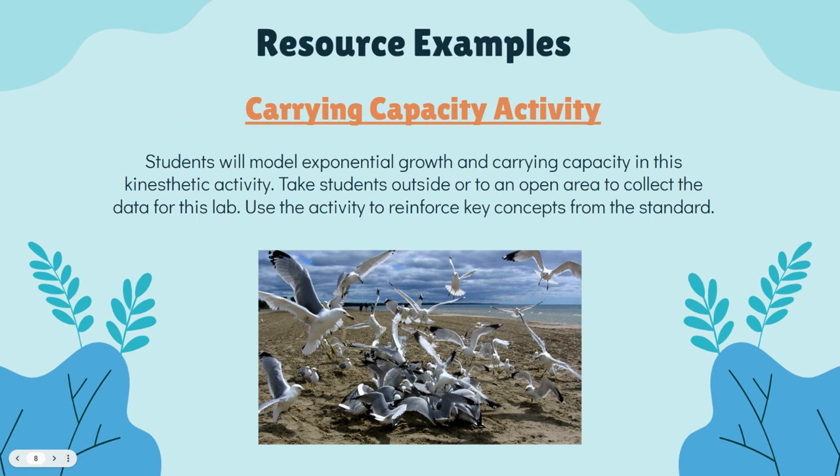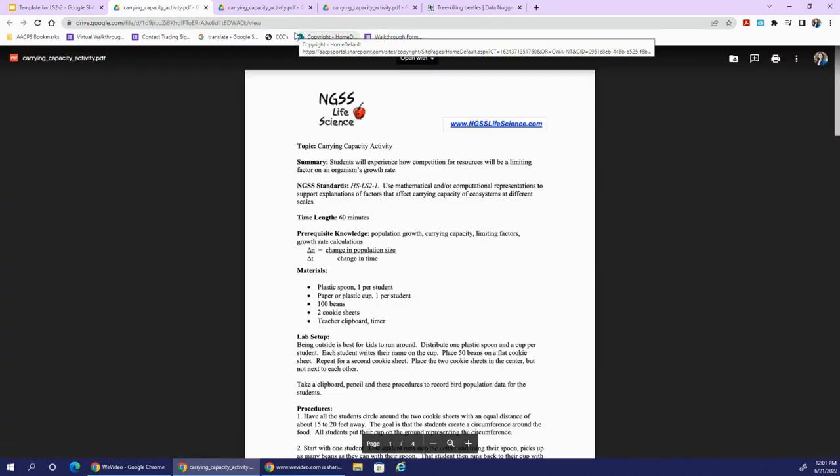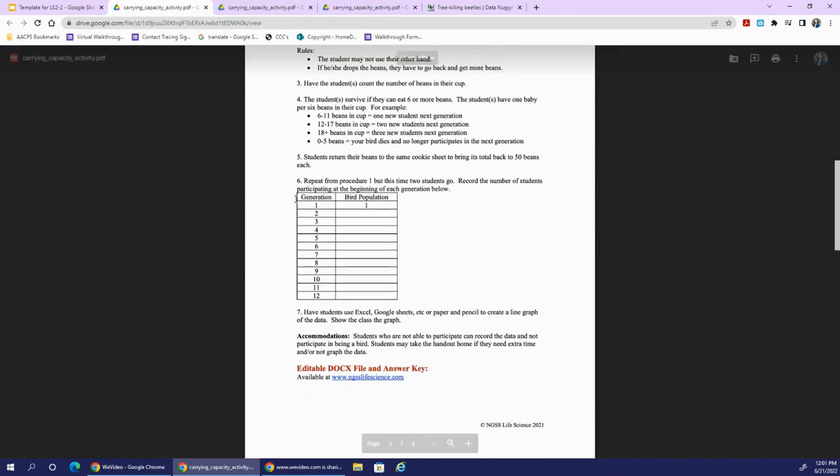The students will be running around and participating in physical activity, so you will need the space. The activity requires just a couple of materials: some cookie sheets, beans, a couple of spoons, a timer. The students will watch and collect data as the population of the birds grows and then eventually levels out as the limiting factor of the amount of food comes into play.